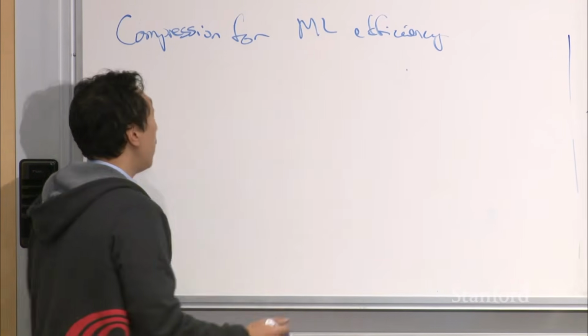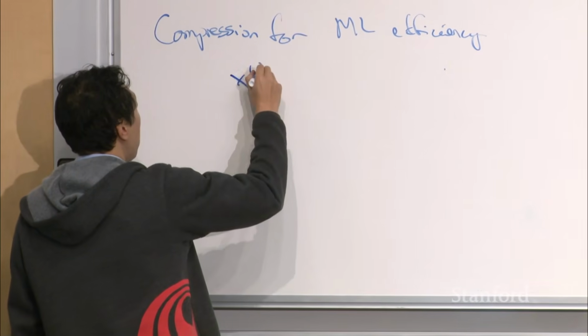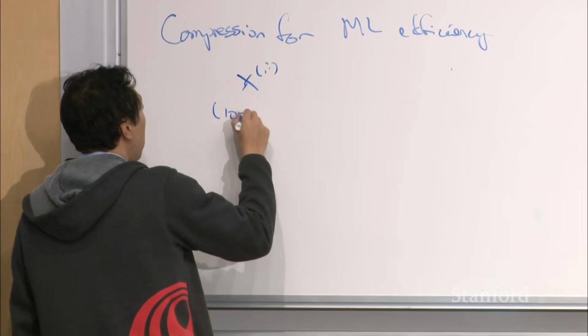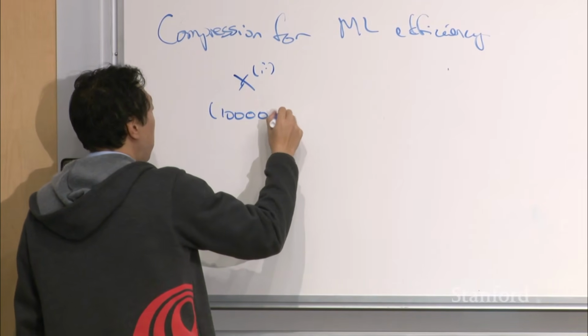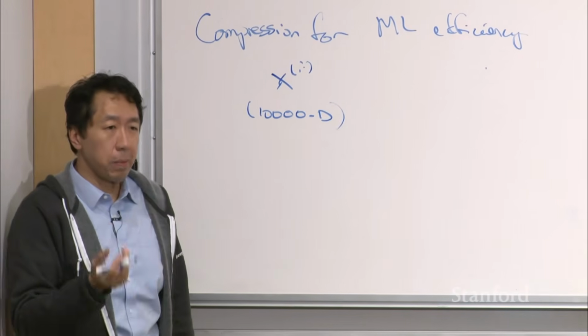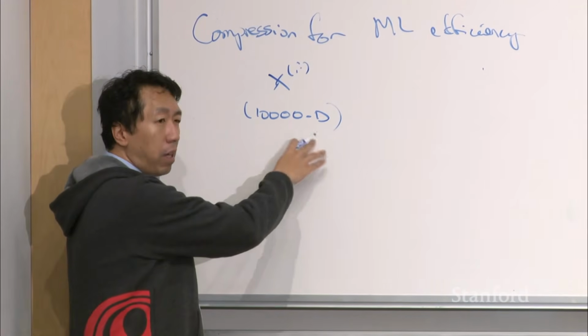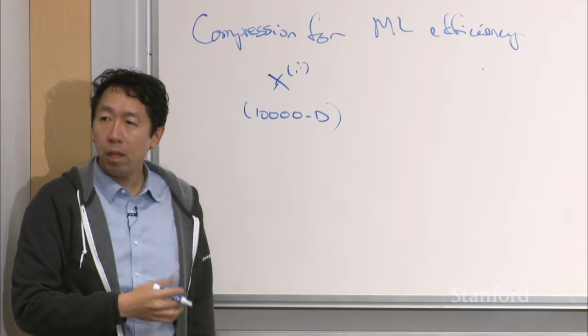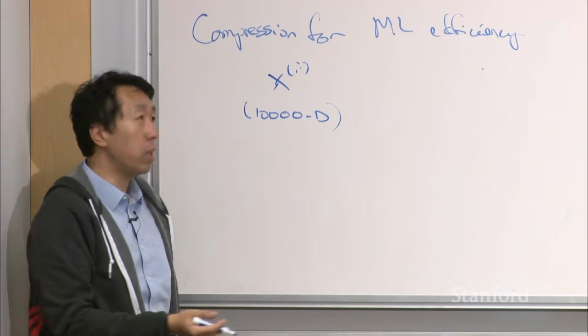And it turns out that if you feed xi, say 10,000 dimensions, to a learning algorithm, like a support vector machine, then you're carrying around these 10,000 dimensional examples throughout your whole training process.